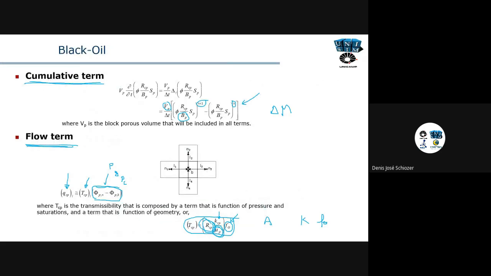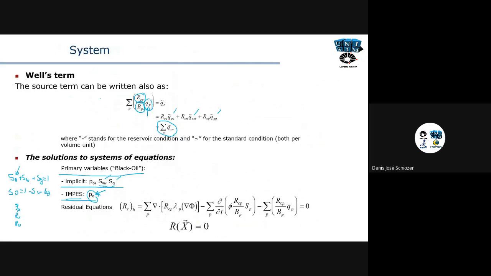And we account for these 3 terms, the cumulative term, the flow term, and the well term. And our main variables are these 3 variables. So we have 3 variables here and 3 equations. Remember, the 3 equations are the water equation, the oil equation, and the gas equation, as we've seen in the last slide of the second part of the presentation, okay?